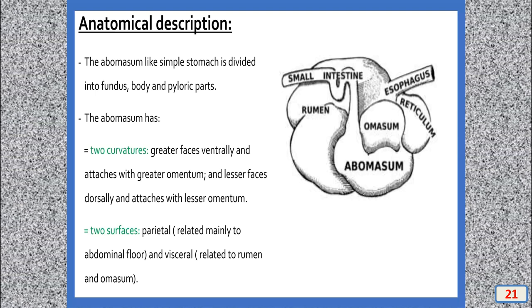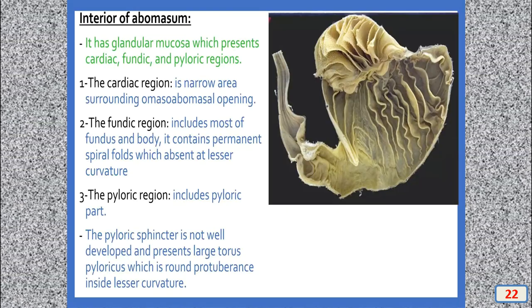The parietal surface is under the abdominal floor, whereas the visceral surface is related to the rumen and omasum. So the abomasum, like a simple stomach, is divided into fundus, body and pyloric parts, very similar to the stomach of monogastric animals.